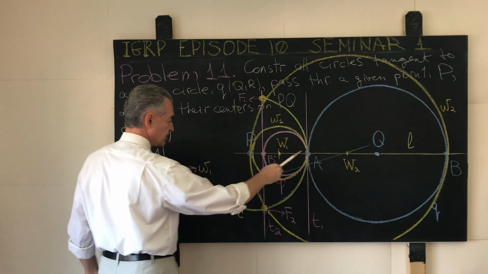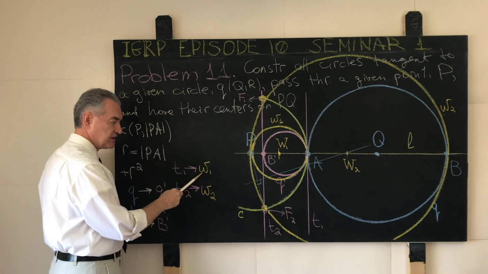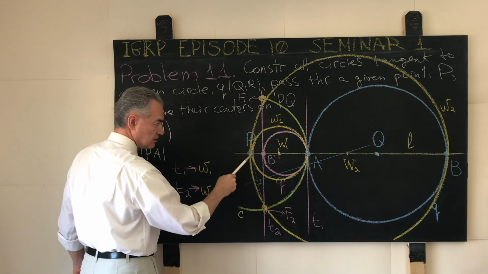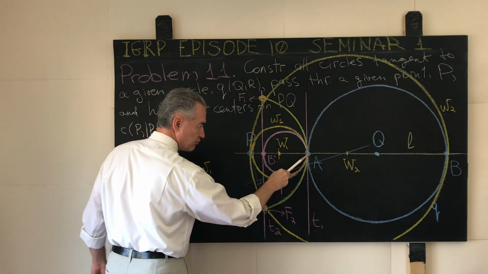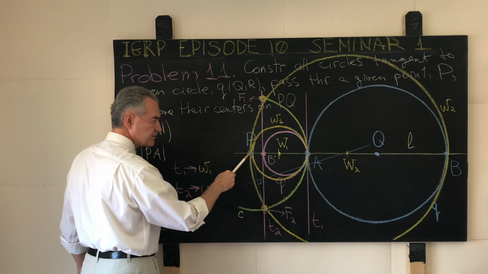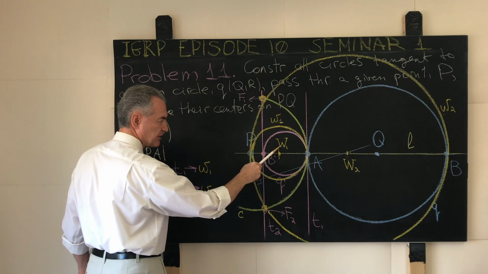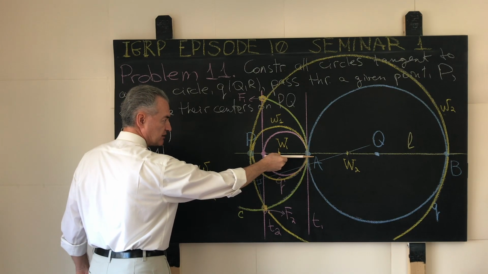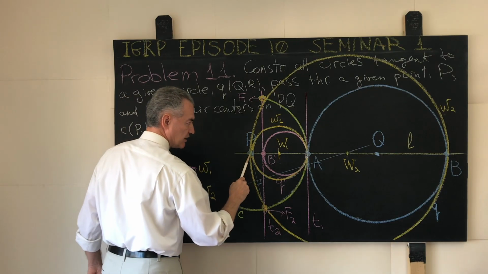It will be taken precisely into the circle, let's say W1. W1, the circle shown in yellow, passes through the point A, through the point P as was demanded. Its center, uppercase W1, is located precisely on the straight line L, also known as the straight line PQ.